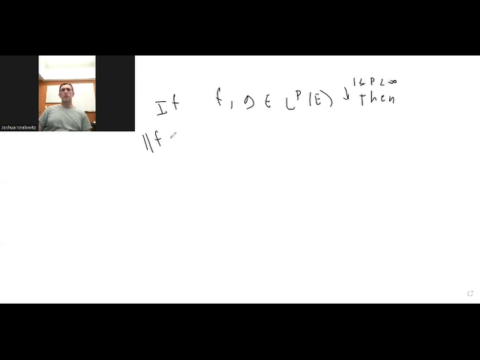We did prove this for p equals infinity in the last video, so we'll focus on p between 1 and infinity. Okay. The key tool is something called Young's inequality.